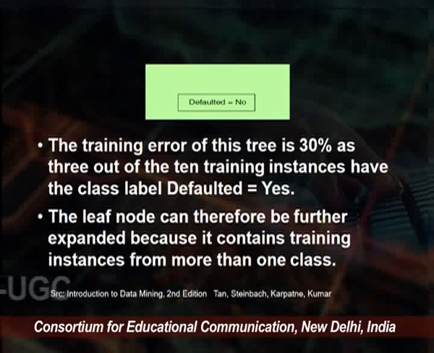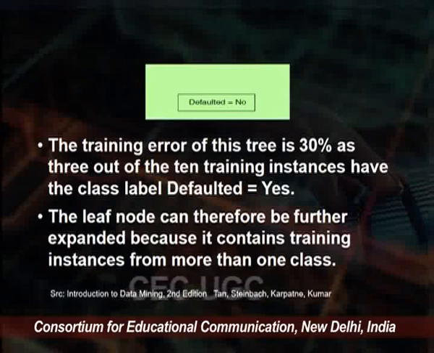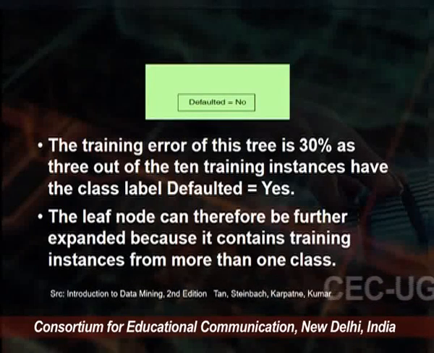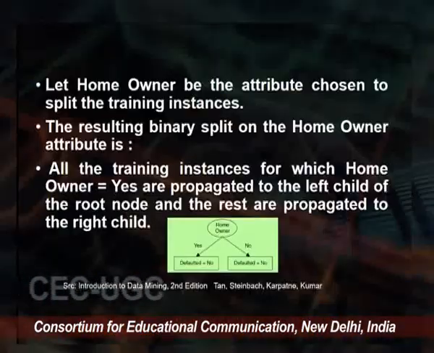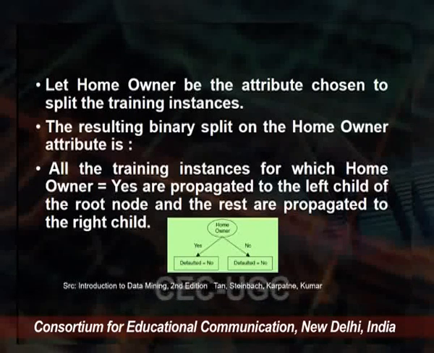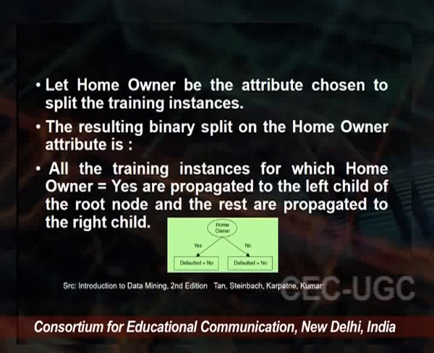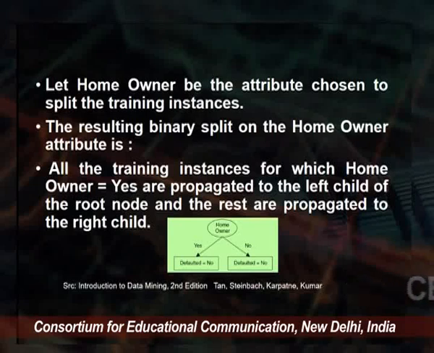Therefore, because there is an error, we need to expand this further. When you are expanding it, it will contain training instances for more than one class, because now we have two classes, defaulter is equal to yes and defaulter is equal to no. So next we will ask another question: whether the homeowner attribute will be chosen to split the training instances.